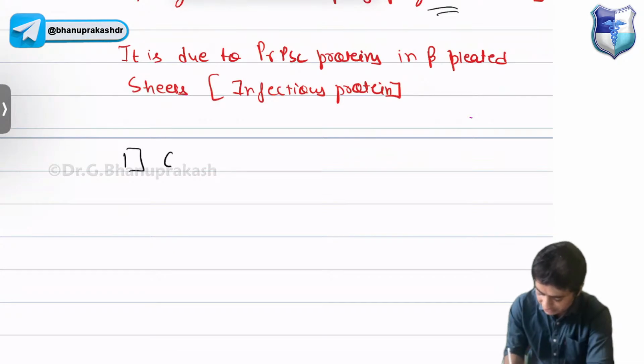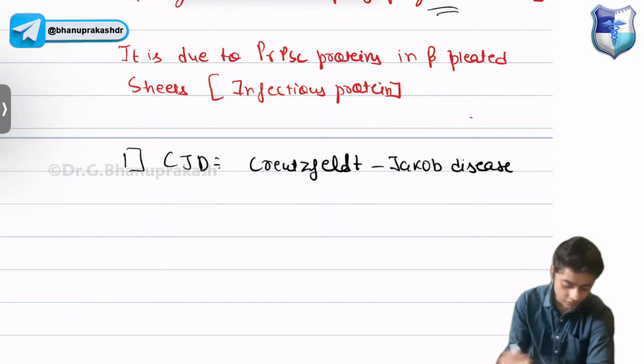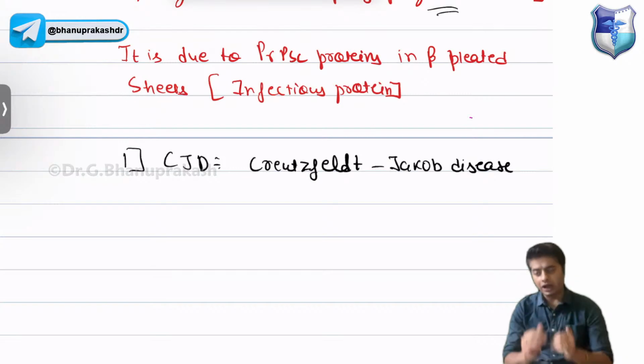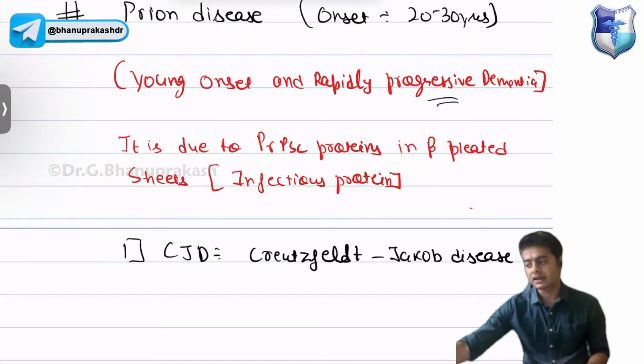Now, first is your CJD, that is Creutzfeldt-Jakob disease. For your level, you have to remember only 2 or 3 things regarding this disease.